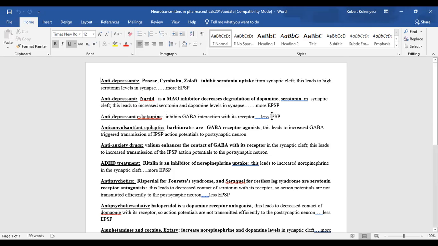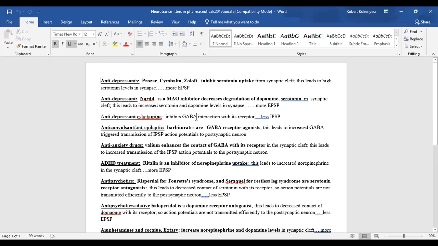So less inhibition translates into more excitation. So we can fight low levels of activity in our central nervous system in several different ways. And if you look at all these three types of drugs, they're all acting on neurotransmitters: serotonin, dopamine, gamma aminobutyric acid.